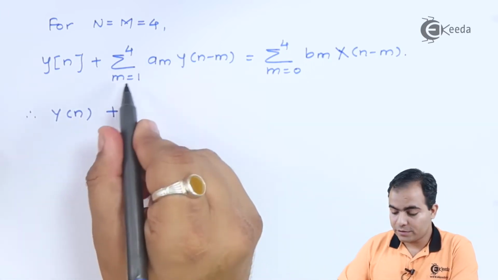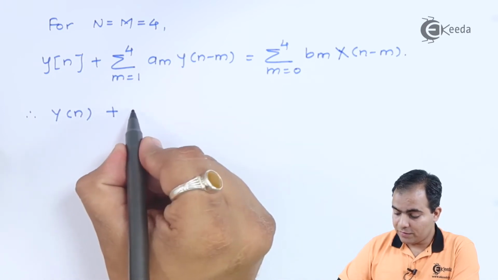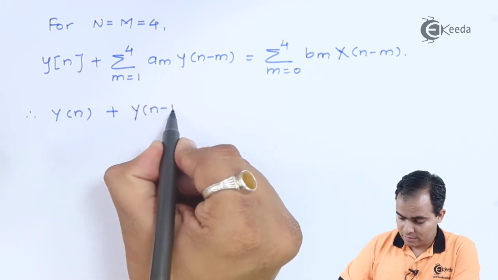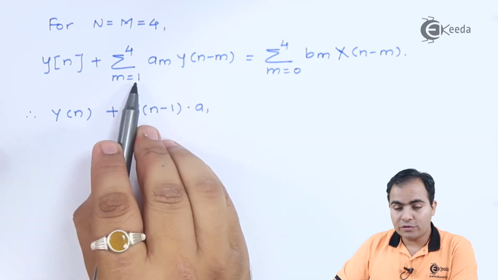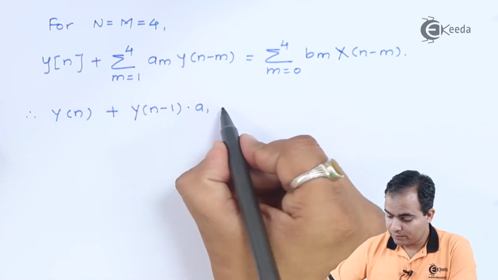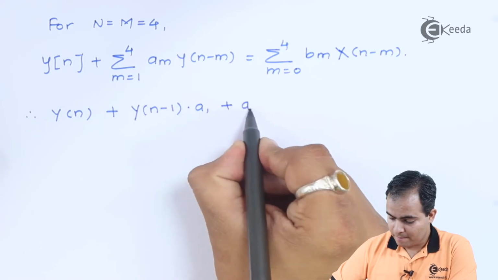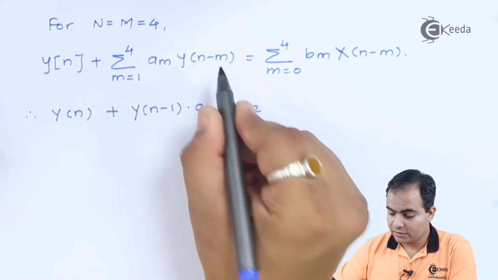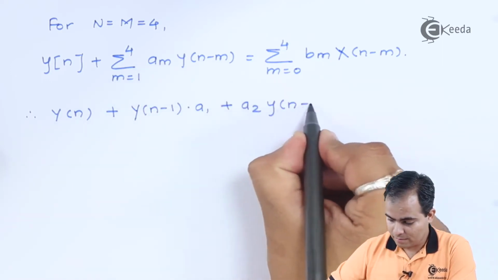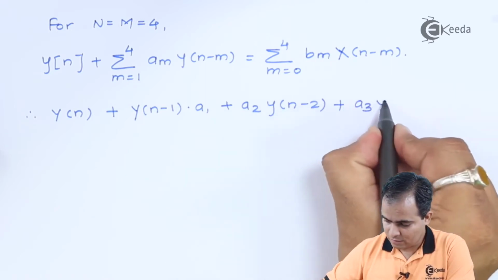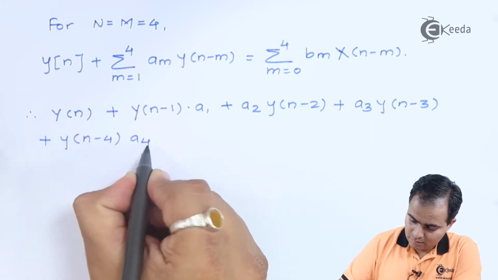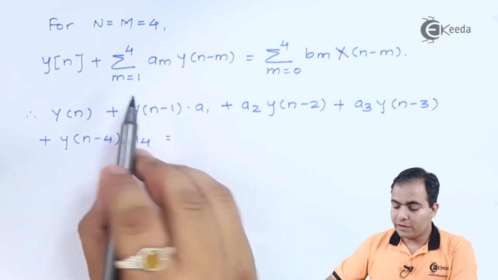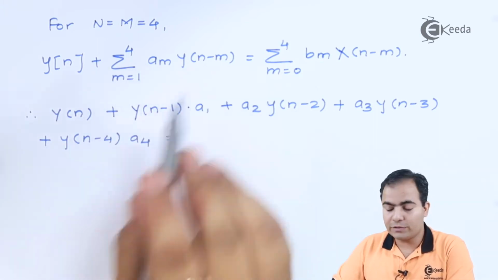So first of all I'll substitute 1. So this will be a1 y of n minus 1. Now I'm going to substitute m value equal to 2. So this will be 2, and this is also replaced by 2. Now I've substituted the values of m from 1 to 4 in this equation.